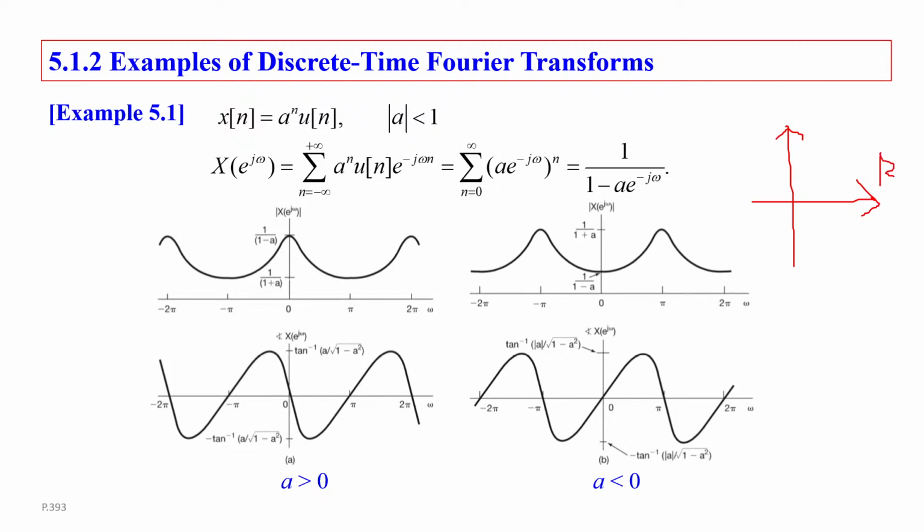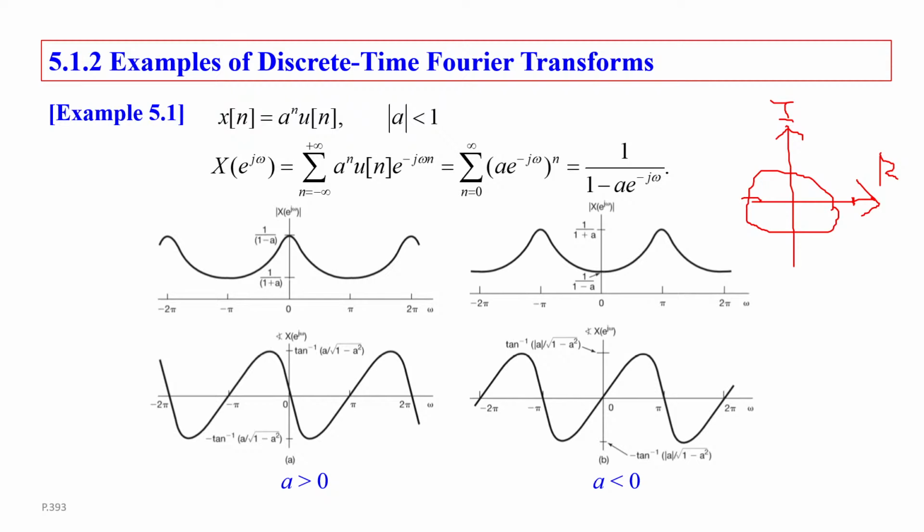Okay, anyway, so this is the complex plane. We have the real axis and the imaginary axis, and I have 1 here, and we can have a circle of radius a here, right? It's a radius of the value of a, and we know the radius is less than 1.